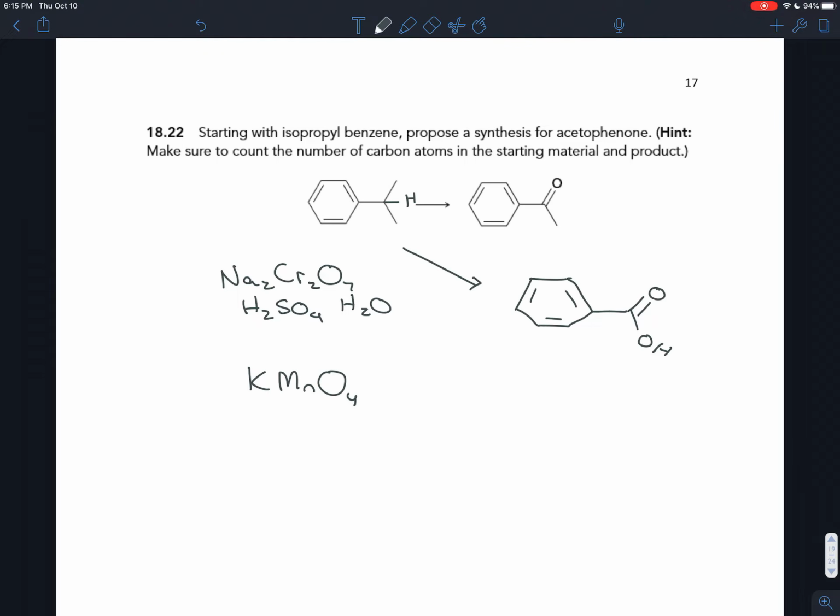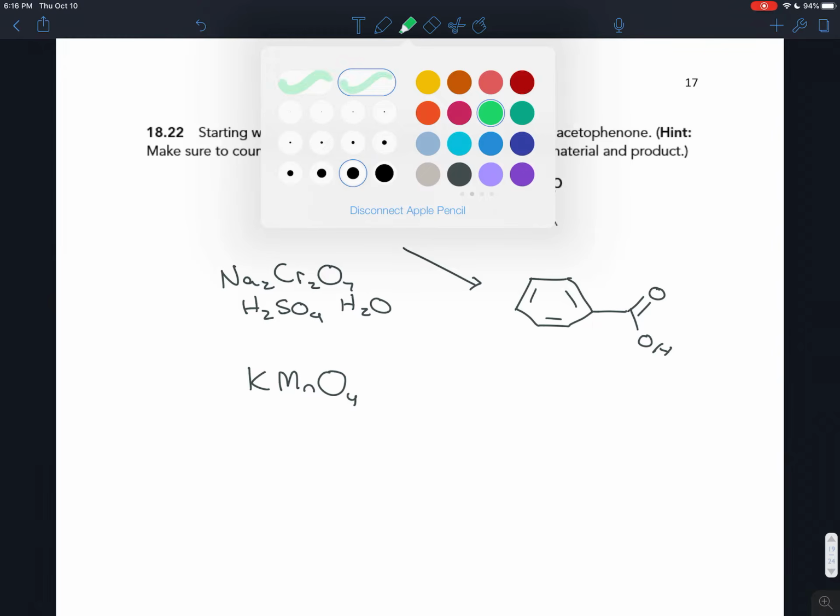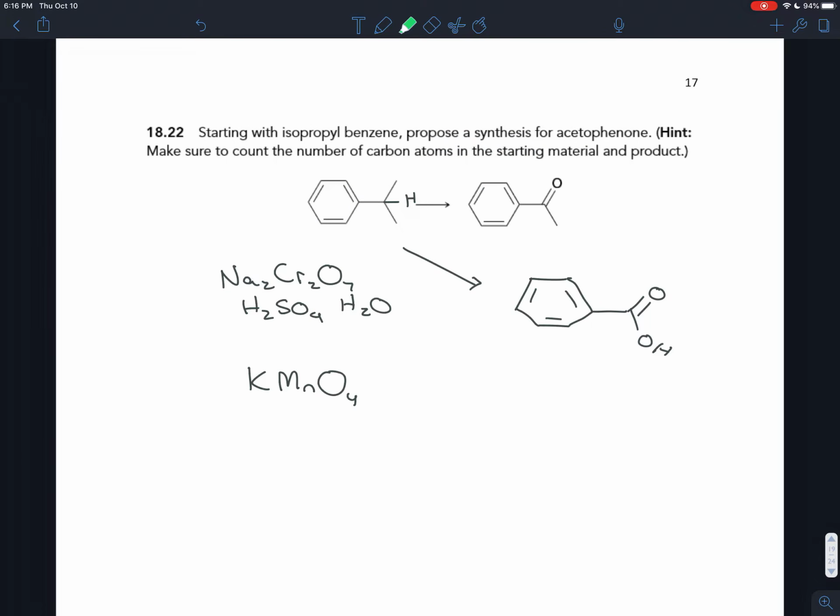And as of right now, we haven't learned how to change or interact with a carboxylic acid functional group. That will happen, we'll learn how to do that in a future chapter. But for right now, we would sort of be at a dead end here. We wouldn't know how to turn that carboxylic acid into this ketone. So that is maybe not a good idea for us at this point.